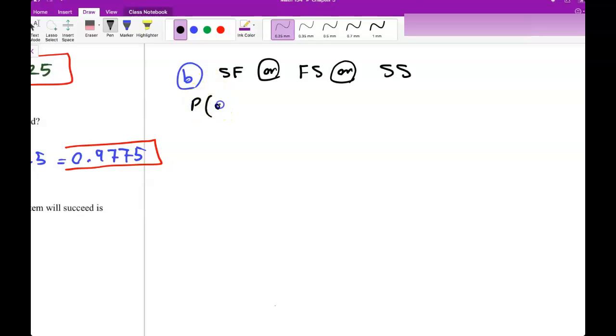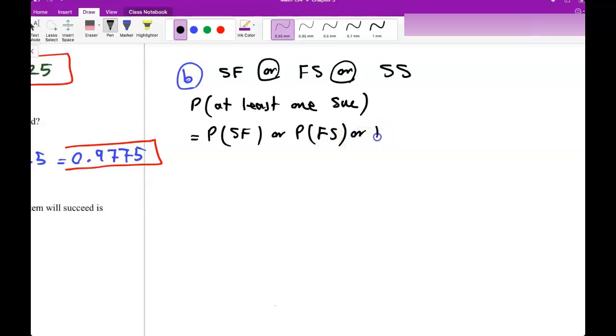Now the probability of at least one success is equal to the probability of success, fail, or the probability of fail, success, or success, success. This one is harder to find the answer.